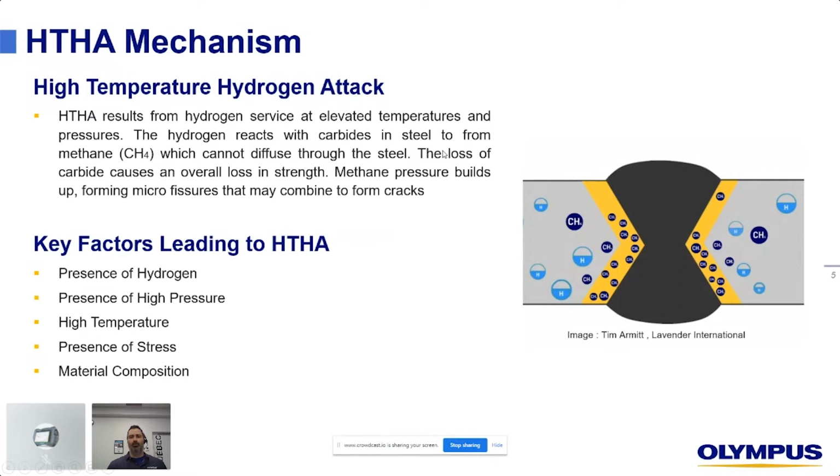The methane pressure keeps building up, forming microfissures that may or may not, depending on the stage, combine to form cracks. So the key factors leading to HTHA, the ingredients to this recipe: presence of hydrogen, presence of high pressure, high temperature, some kind of stress, and also the right ingredients in the material.